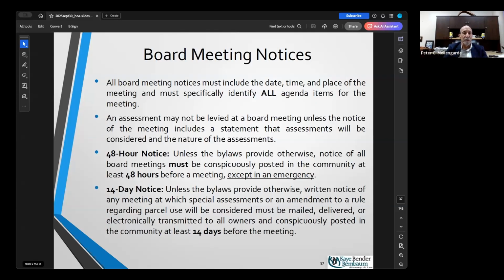Now, there are certain board meetings where you need a 14-day notice. We spoke about one of them a few minutes ago when you're going to adopt electronic online voting. The board's going to adopt online voting. That's done pursuant to a board meeting with a 14-day notice.